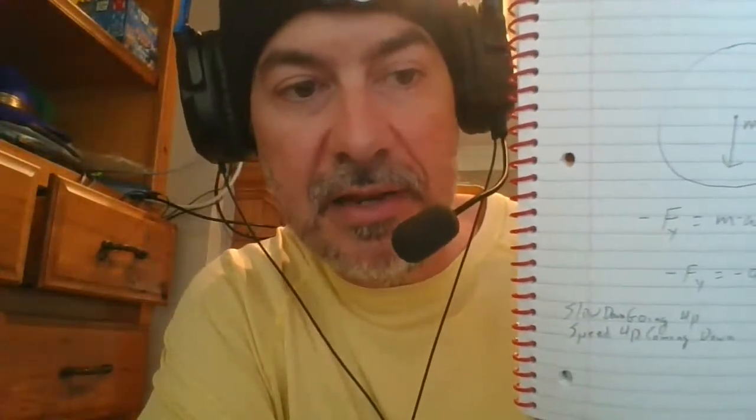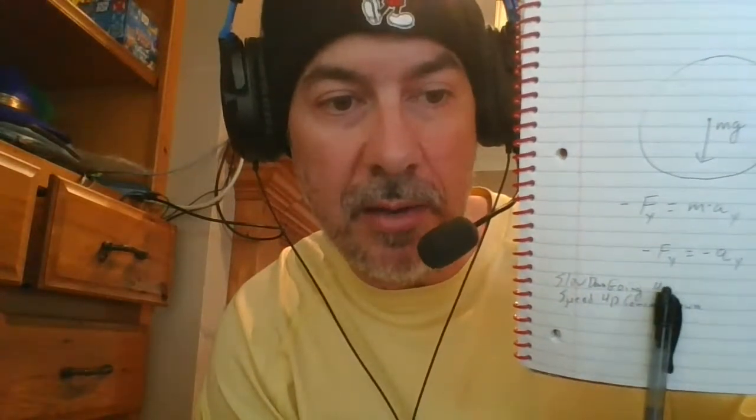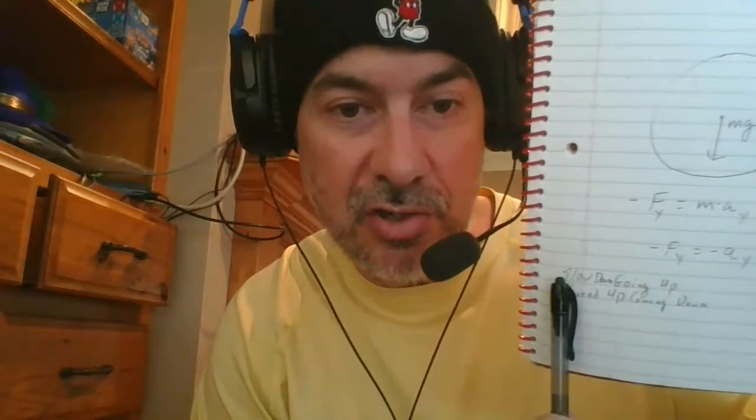And then when it reaches the tippy top, it's going to change direction, and then it's going to start getting faster and faster coming down. It's going to speed up coming down. So the whole time the ball is negatively accelerating because of gravity from planet Earth, it's going to slow down while it's going up, change direction, then speed up coming down.